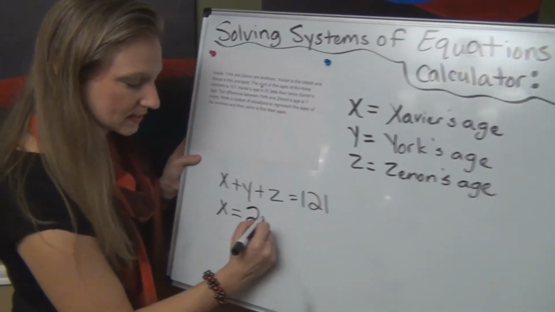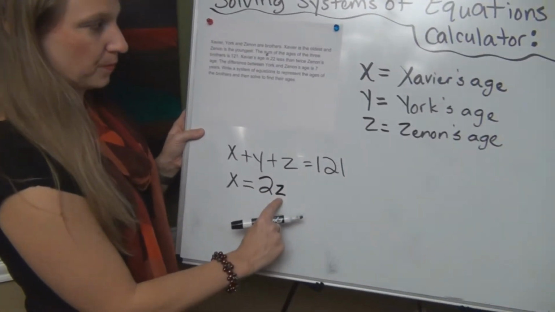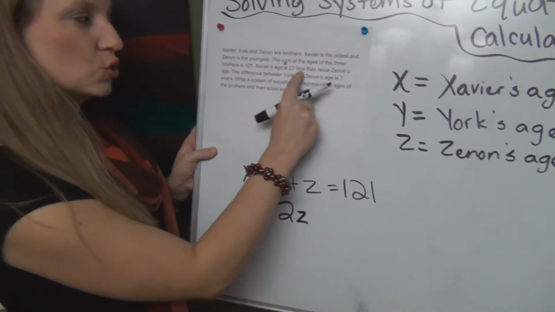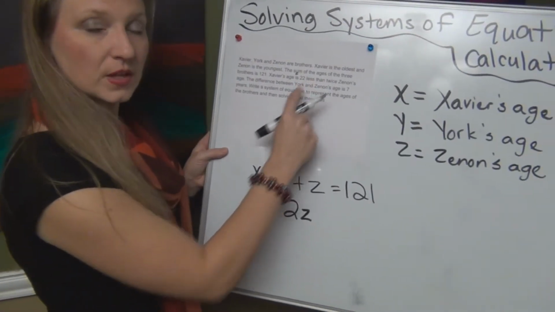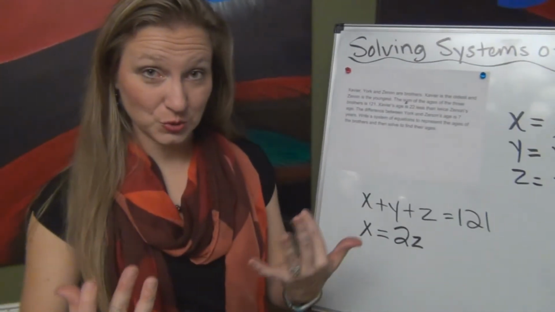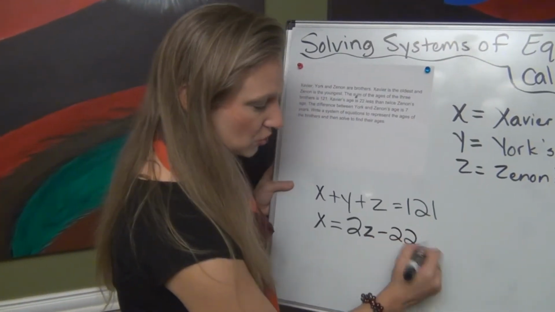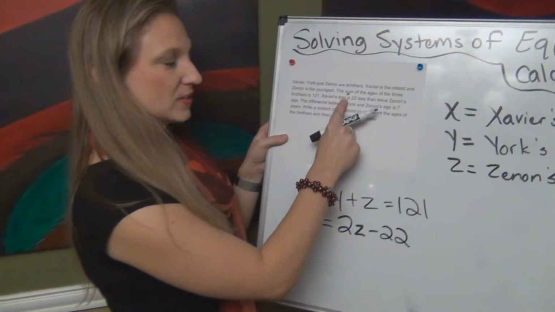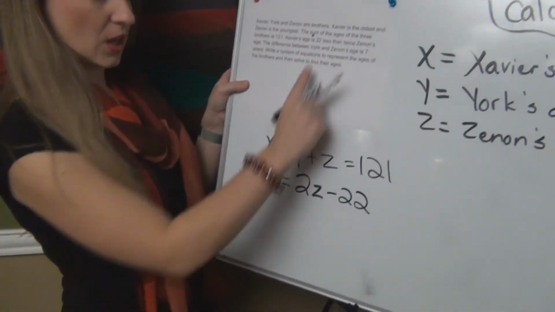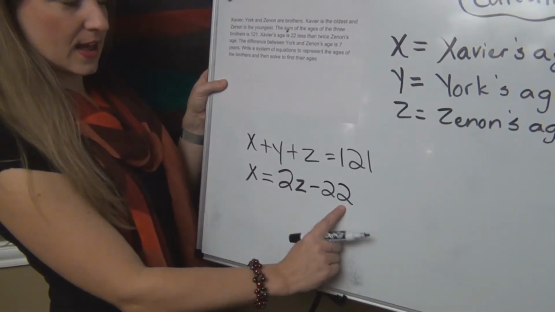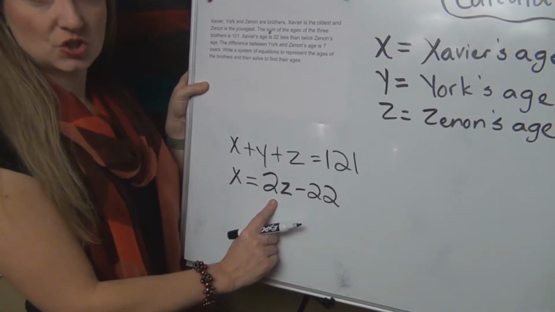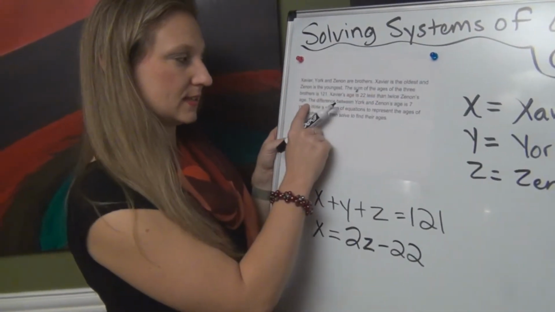So twice Zenon's age. Then I want to go back and do 22 less. Less, if you have 22 less dollars, then that would be minus 22. So Xavier's age is 22 less than twice Zenon's age. So that captures that sentence.